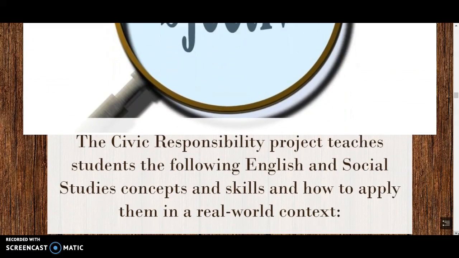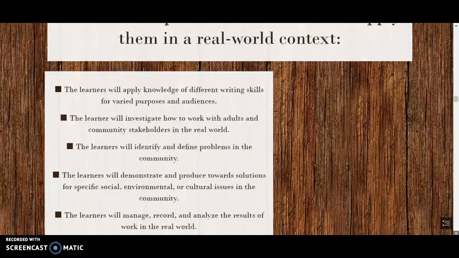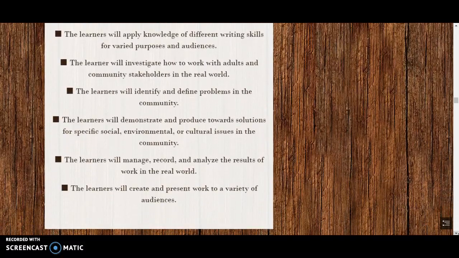The Civic Responsibility Project teaches students the following English and social studies concepts and skills and how to apply them in a real-world context. The learners will apply knowledge of different writing skills for varied purposes and audiences. The learner will investigate how to work with adults and community stakeholders in the real world.